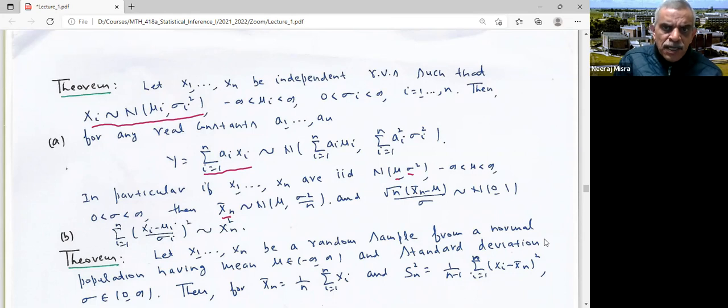Each mu i is mu and ai is 1 upon n, so 1 upon n summation mu, n times, so n mu divided by n becomes mu. What will be summation ai square sigma square? 1 upon n square into sigma square, because all sigma i's are the same. So 1 upon n square comes outside, and sigma square gets added n times, so n sigma square, it becomes sigma square by n. Not only that, if I standardize this, root n (X bar minus mu) by sigma would have a normal 0, 1 distribution.